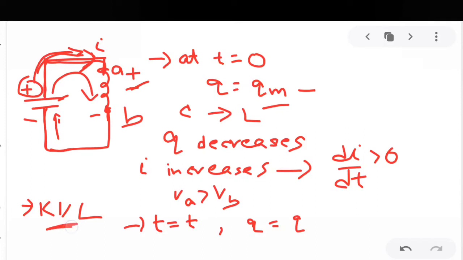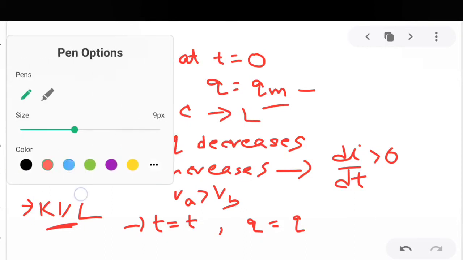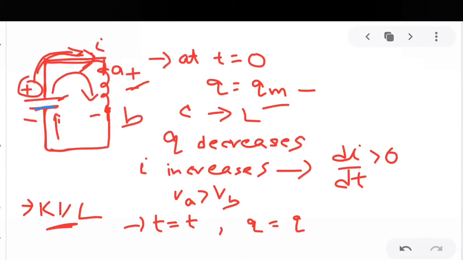This is the negative plate. We are going from the negative side to the positive side, that is from low potential to high potential, that is a gain in potential, and a gain means a positive sign.